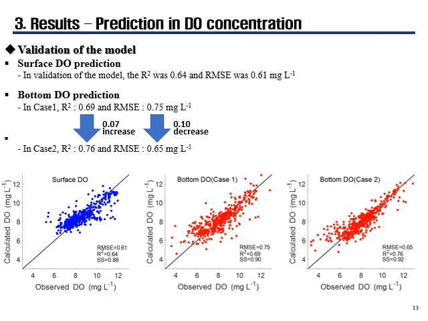And in case 2, the R squared value increased about 0.07 and the RMSE decreased about 0.1. It means in case 2, it shows higher performance to predict the bottom DO.